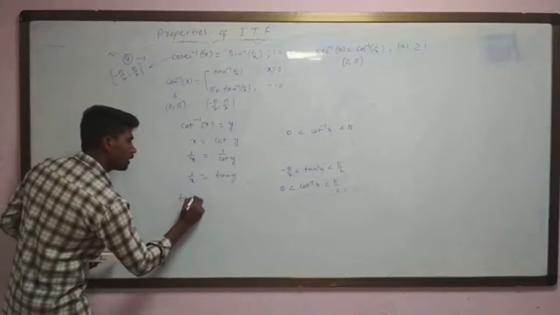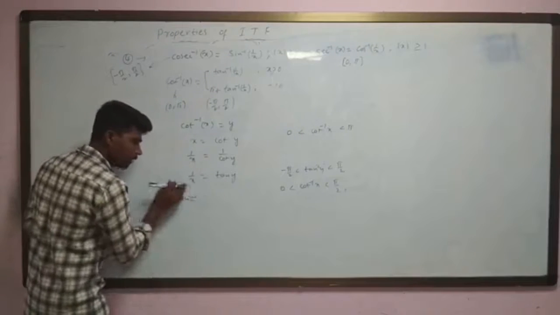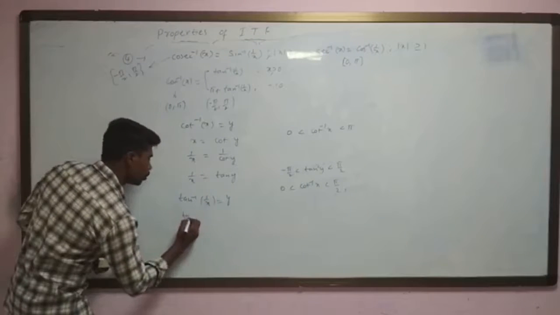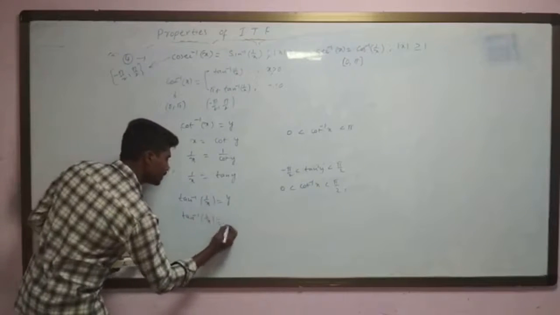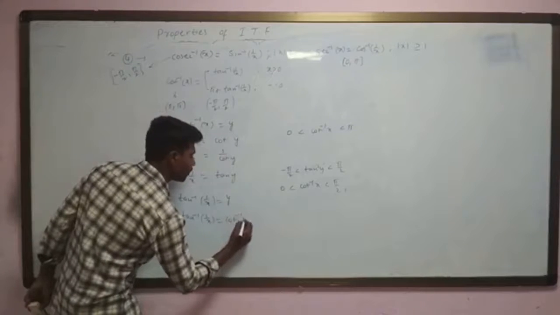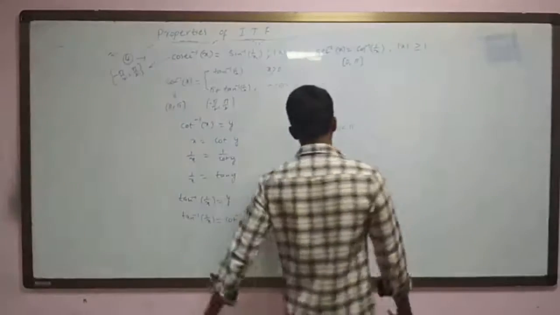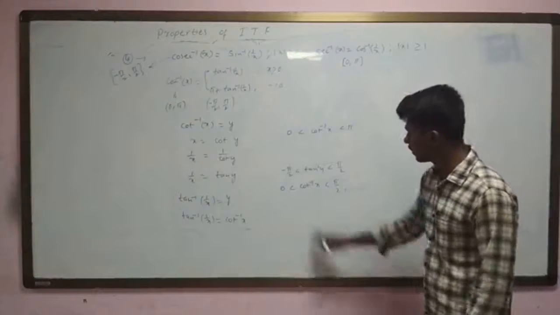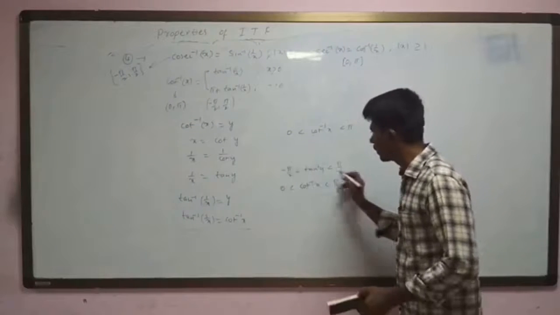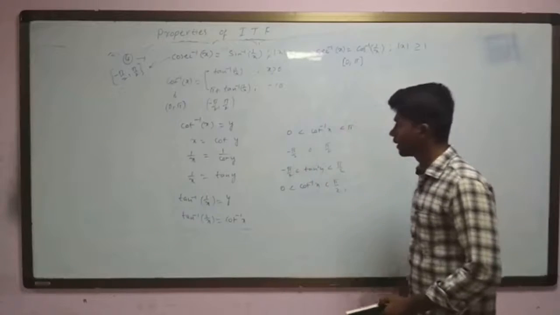Now tan inverse of 1 by x is equal to y. So tan inverse 1 by x is equal to y. What is y? Cot inverse x, in this particular region. What is the next region? So 0 to pi by 2 got over. See, minus pi by 2 to pi by 2, what do we have? From minus pi by 2 we get 0, next we get pi by 2.